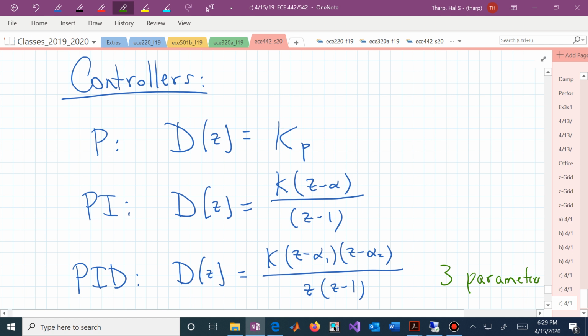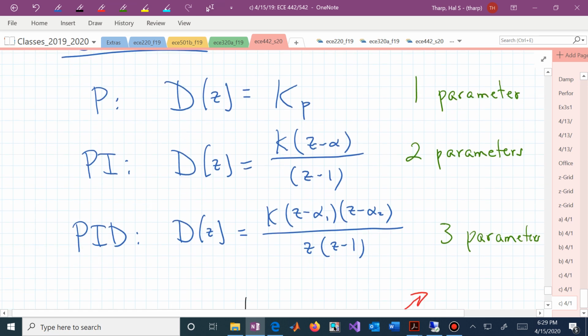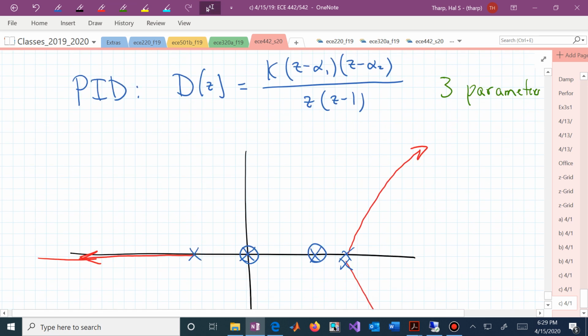In the P, we have 1 parameter, that's the gain, that's what we just had in our example. Here in a PI controller we have 2 parameters, and in a PID we have 3 parameters.